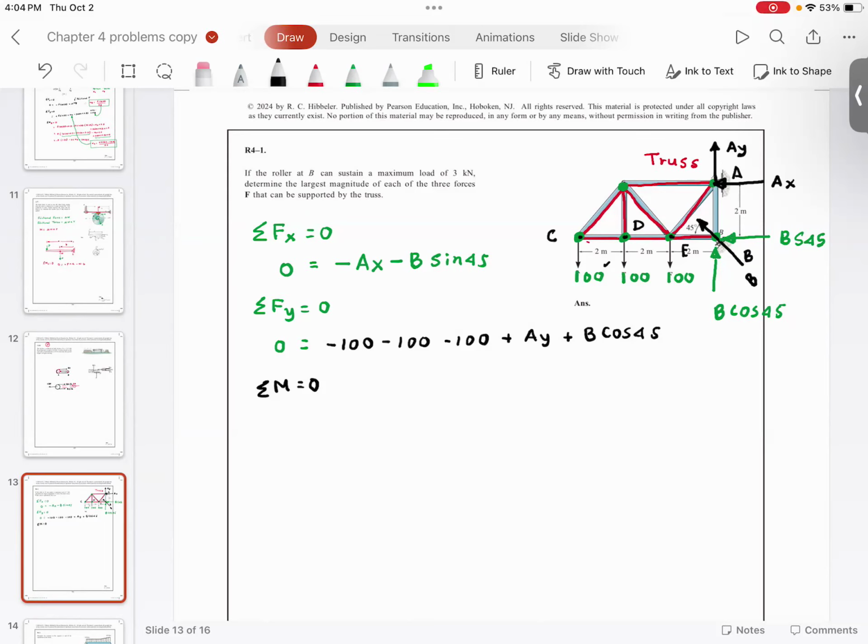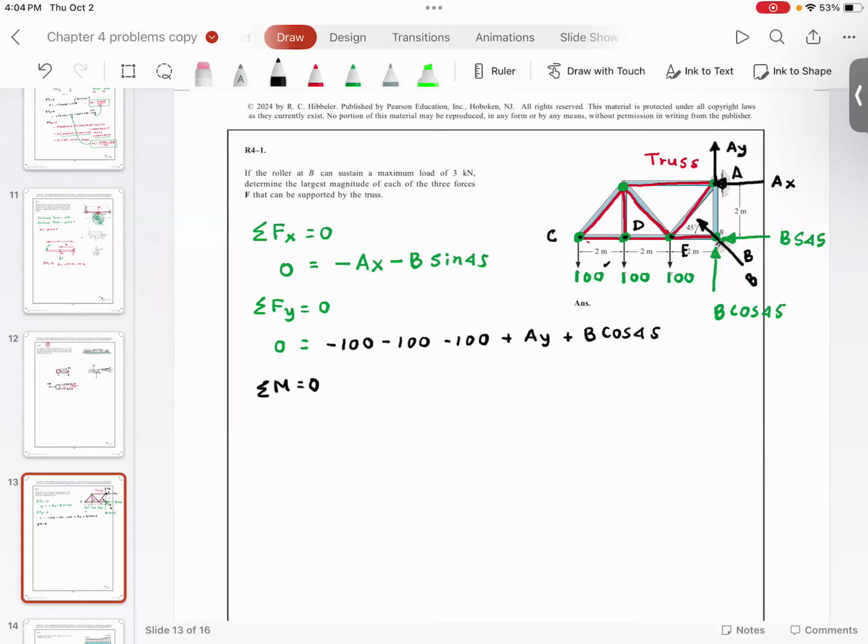Now, look at the problem and tell me where I should take the moment to make my life easier. If I take moment at A, my AX and AY cancel out. You agree with me?